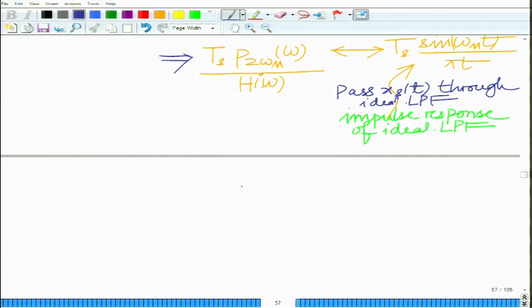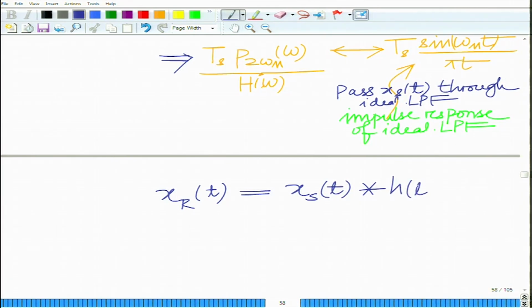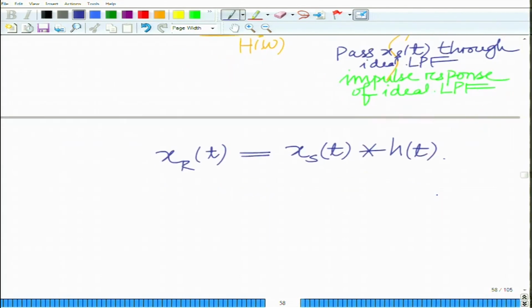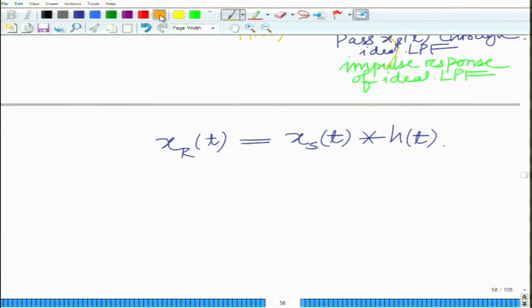So, Ts multiplied by 1 over Ts gives an overall net gain of unity. Now, let us denote the reconstructed signal by x r of t. This is your sampled signal x s of t convolved with h of t. So, this is basically your reconstructed signal.